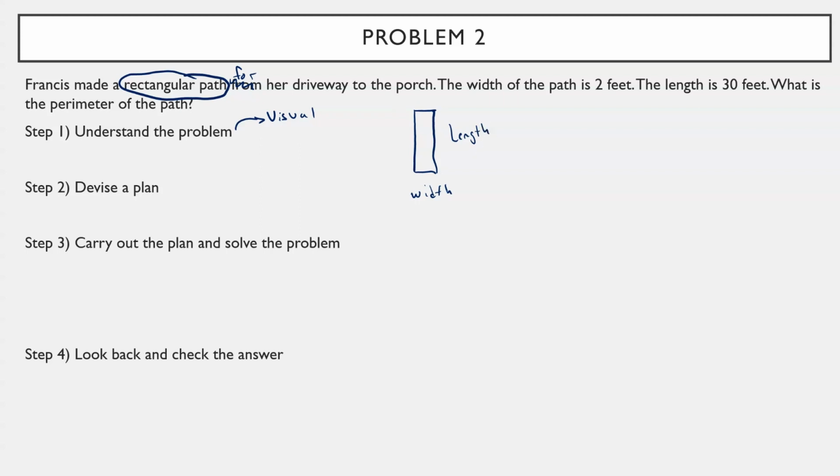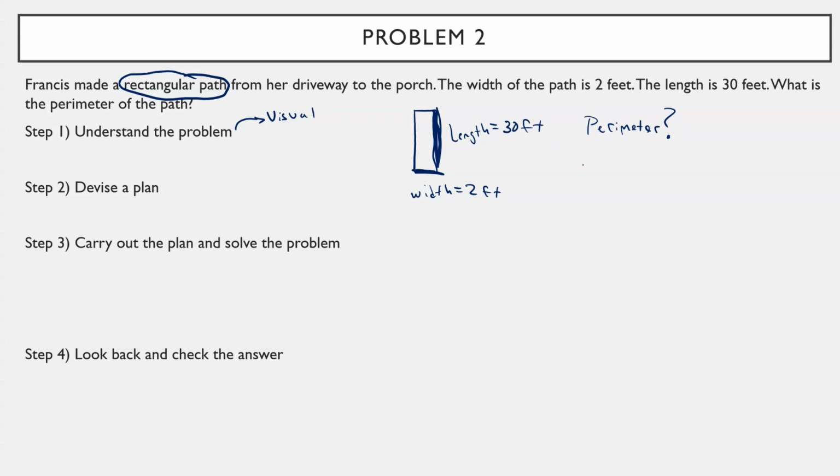And what we're saying here is the width, this width is 2 feet, and this length of the path is 30 feet, okay? So what we want to know is, what is the perimeter of this path? All right. So Frances made a rectangular path from her driveway to the porch. Okay. So what is this perimeter?